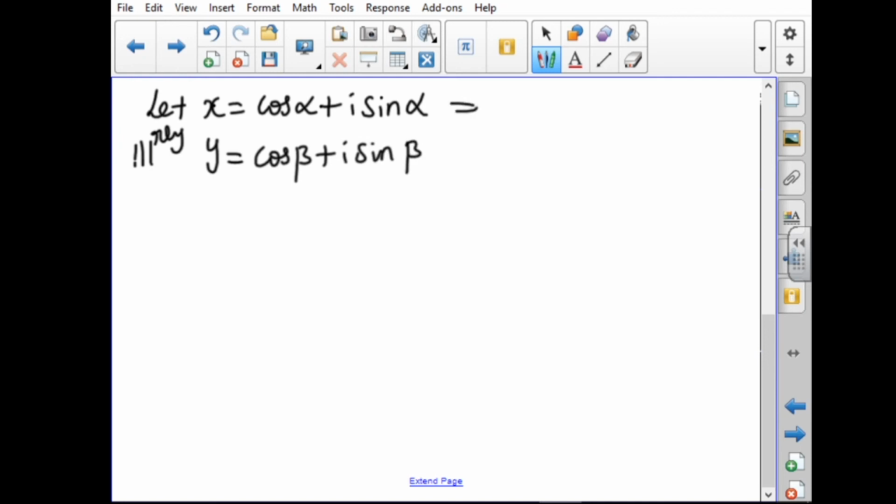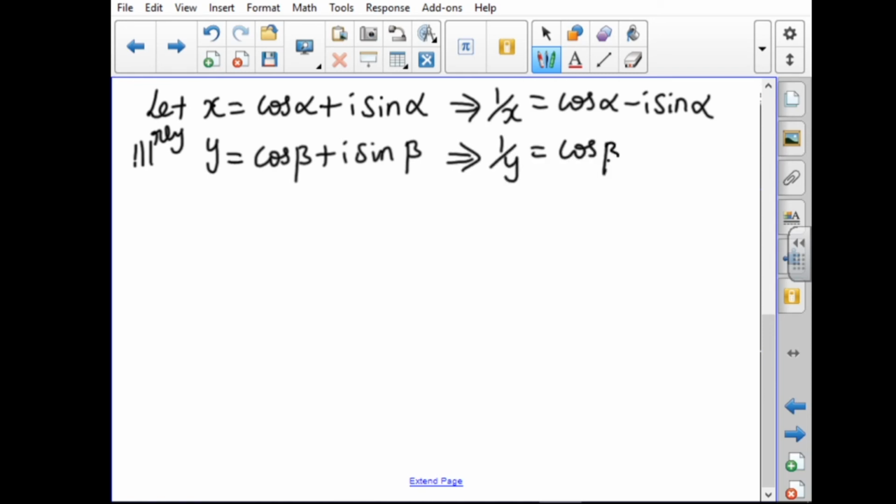From this we can say that 1 by x is equal to cos alpha minus i sin alpha. Similarly, 1 by y is equal to cos beta minus i sin beta. So first, from the given equation we have to find x, y, 1 by x and 1 by y. Then we can prove the following 4 things.